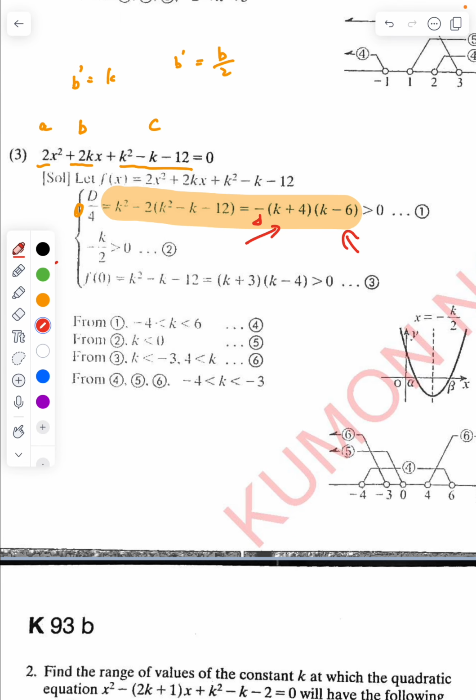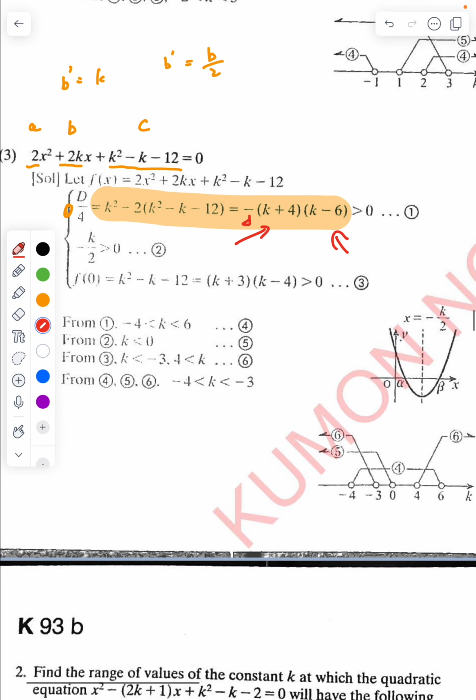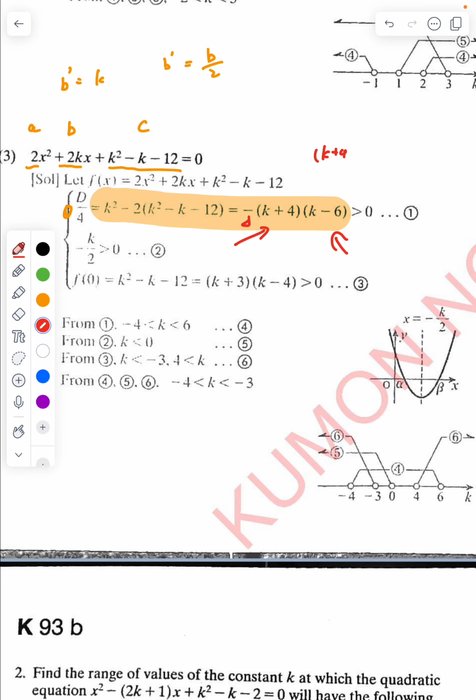So when you're analyzing that, make sure that you divide both sides or multiply both sides by negative. Then you're actually dealing with K plus 4, K minus 6, smaller than 0. When you draw the graph, you have negative 4 and 6 over here, and it has to be in between negative 4 and 6. That's why this is the first one.